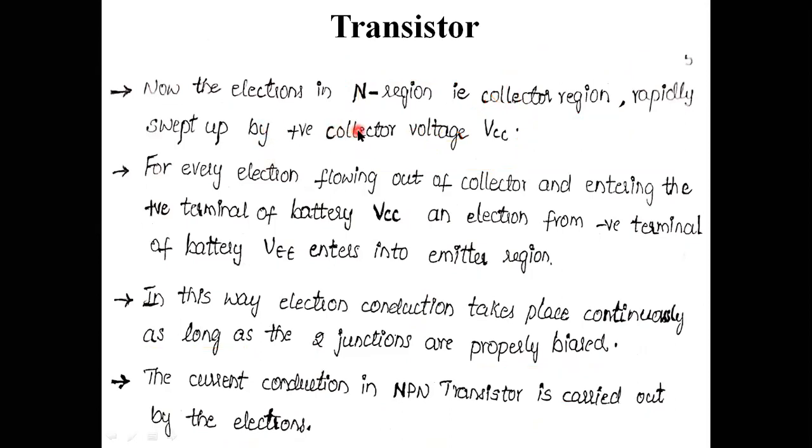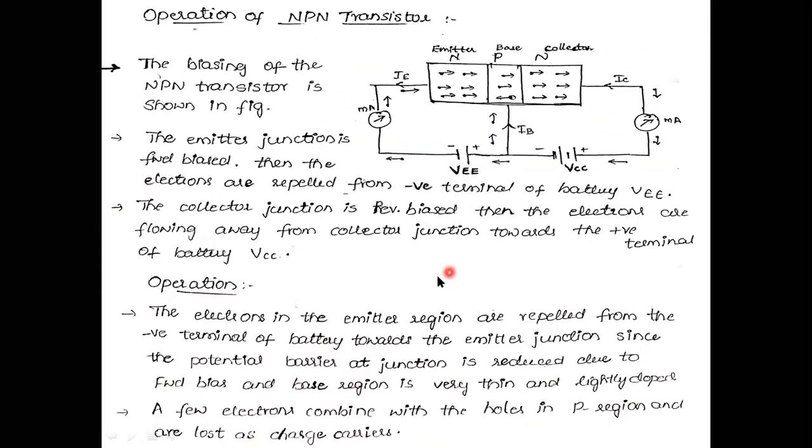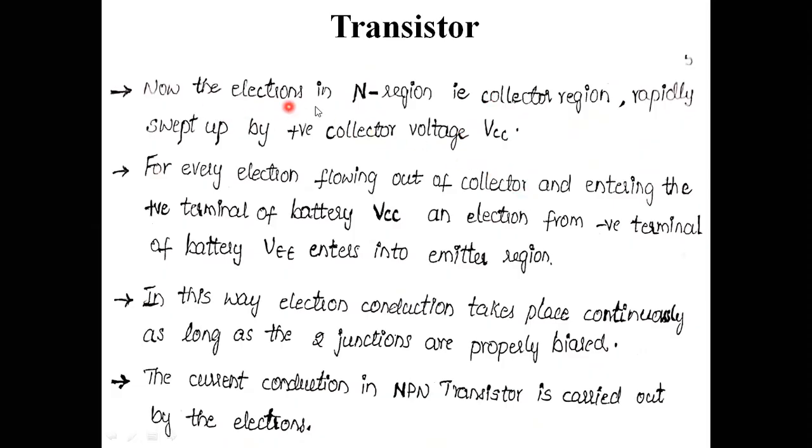Now the electrons in the n region, that is the collector region, are rapidly swept up by the positive collector voltage VCC. These electrons are attracted towards the positive terminal of VCC. For every electron flowing out of the collector and entering the positive terminal of battery VCC, an electron from the negative terminal of battery VEE enters into the emitter.